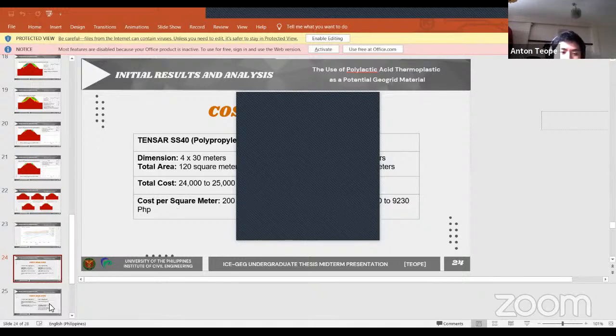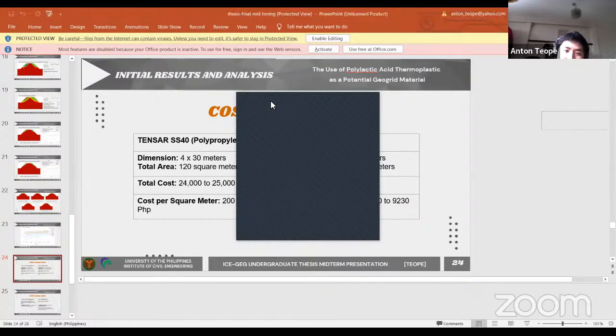However, I also included a possibility that the polylactic acid geogrid could be more competitive in the future, since certain steps in between the production methods in the polylactic acid creation were being researched upon to remove, and would therefore cheapen the price of the polylactic acid as a material.